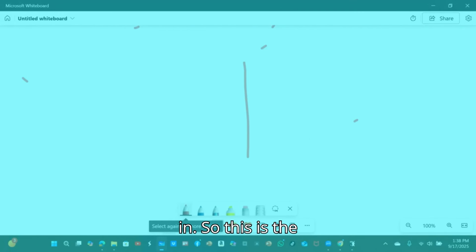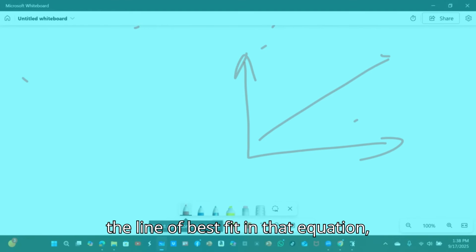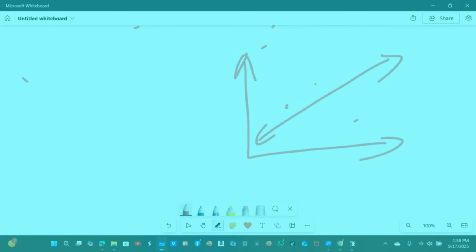So this is the kind of line I had, the line of best fit, and the kind of scatter plot that I had.